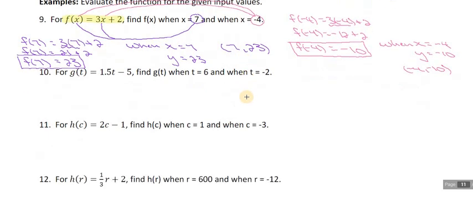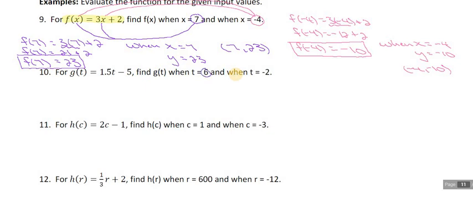Let's do number 10 together. For g of t equals 1.5t minus 5, find g of t when t equals 6 and when t equals -2. So we're going to start off with the first one, plugging in 6 for our variable t.